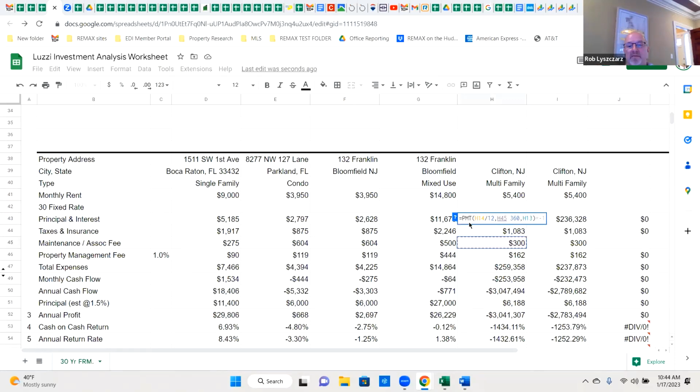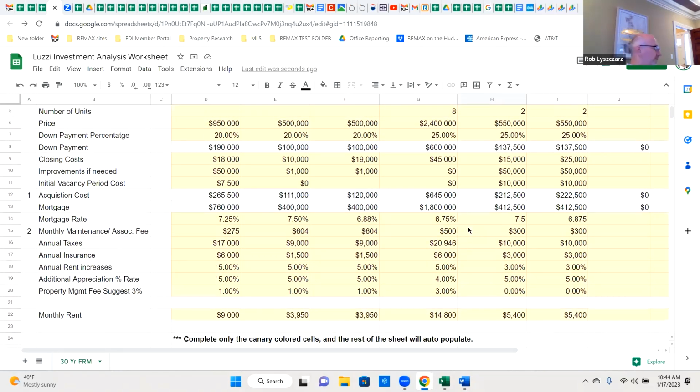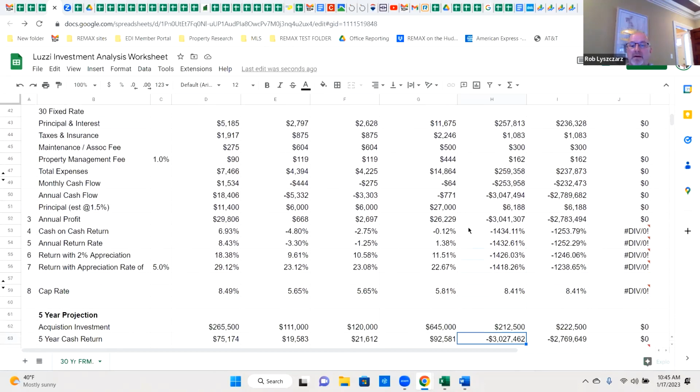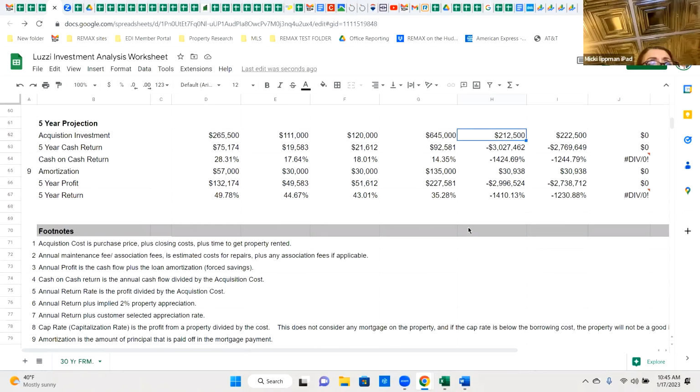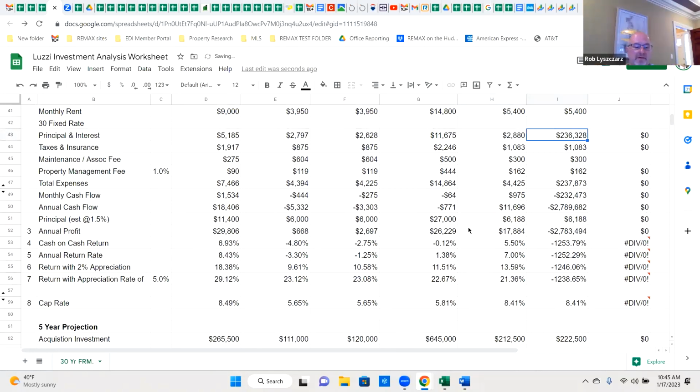I obviously have a problem with my principal and interest payments here. Let me just... 412. But doesn't the same formula apply to all the cells? And why would the other ones have worked? I don't know why it's wrong.